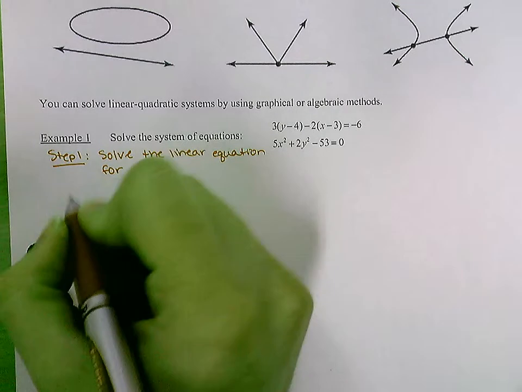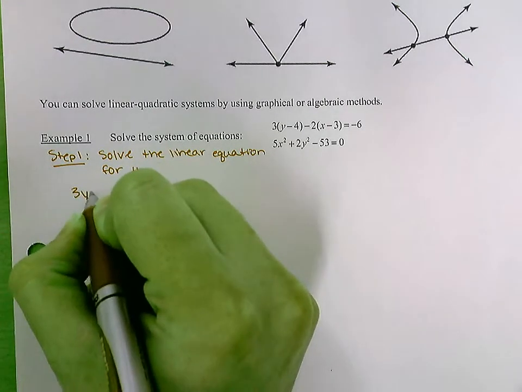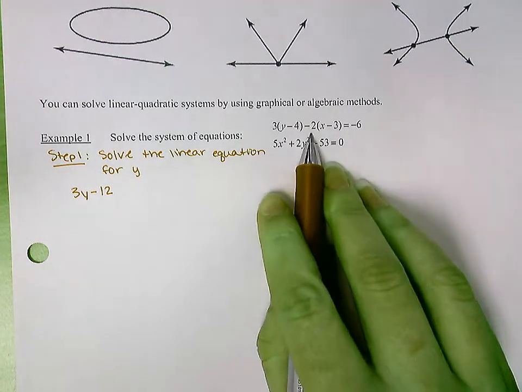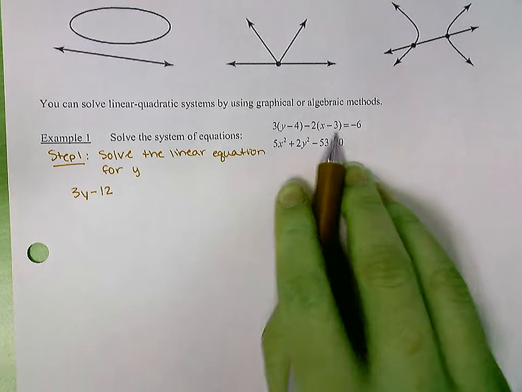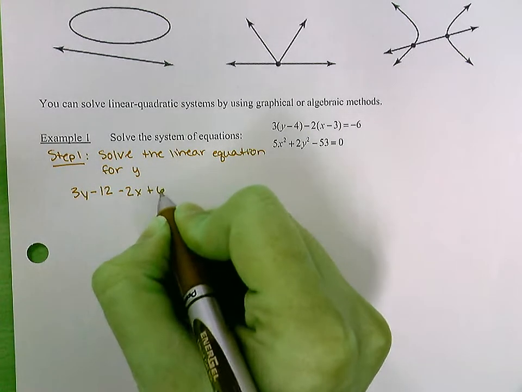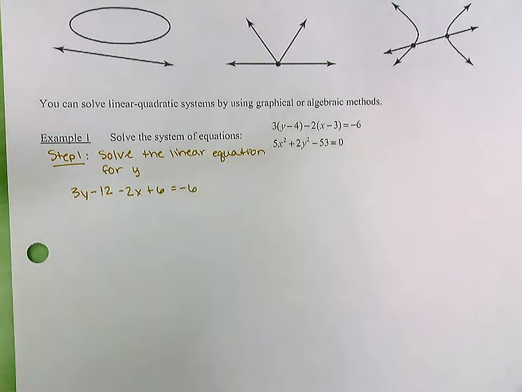So I'll have 3y minus 12, if I distribute that 3. Next, I'm going to distribute this negative 2 to both terms. So I have minus 2x plus 6 equals negative 6.